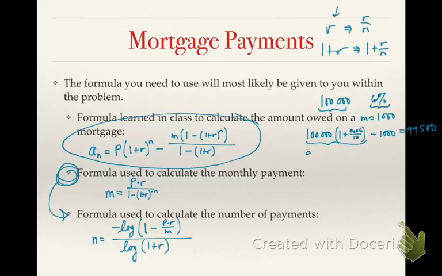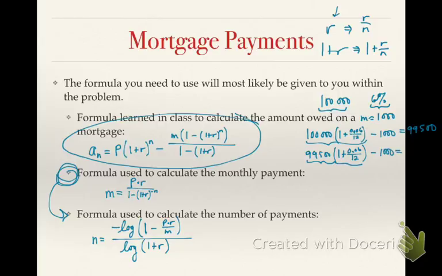Now I'm going to take that new amount, because that's the current amount owed, and do the same kind of process. 99,500 times 1 plus 0.06 divided by 12, because I'm taking the balance that I have right now, coupled with the interest, and I'm going to make my $1,000 payment.